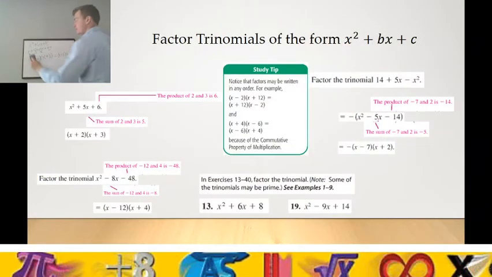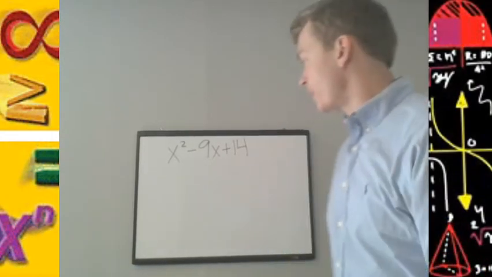Looking at number 19, x squared minus 9x plus 14. We want to know, can we factor this trinomial? In other words, can we find two integers that will multiply to give us positive 14 that will add or combine to give us negative 9?